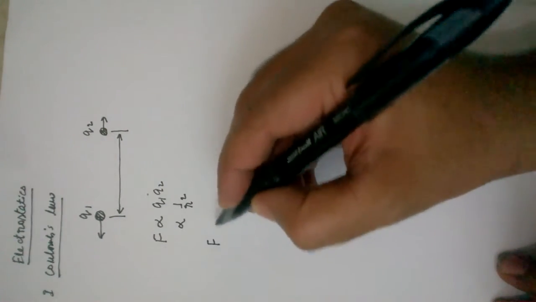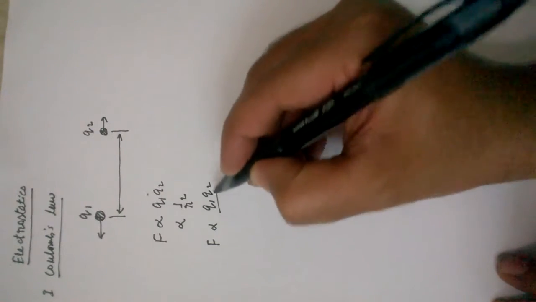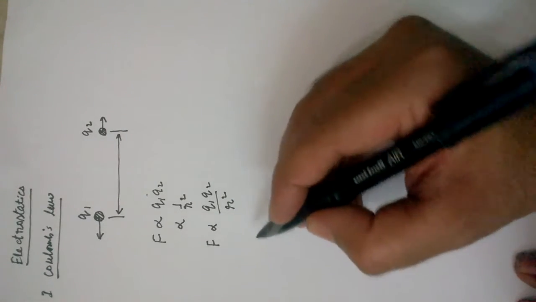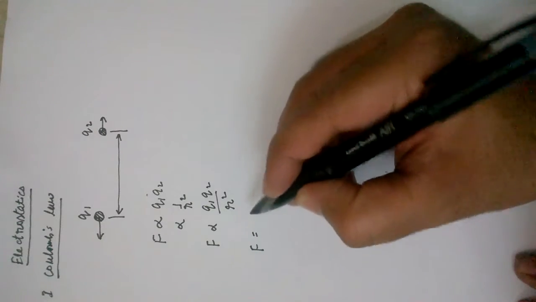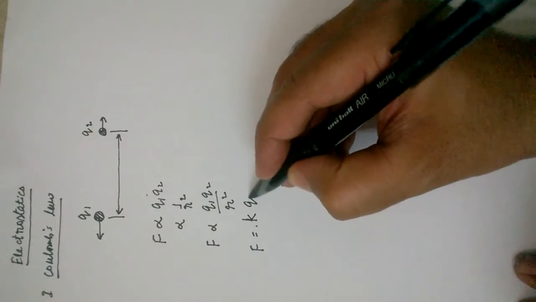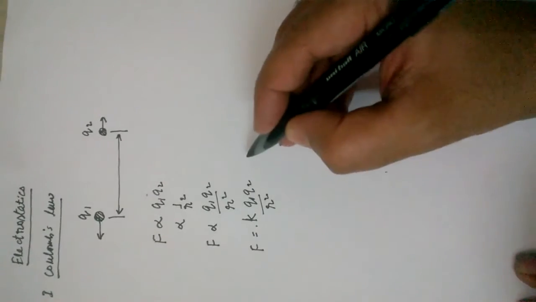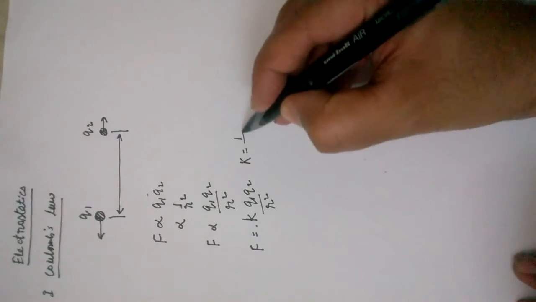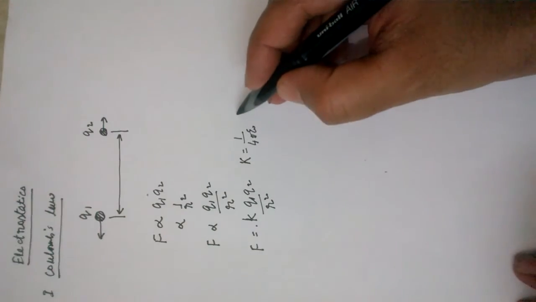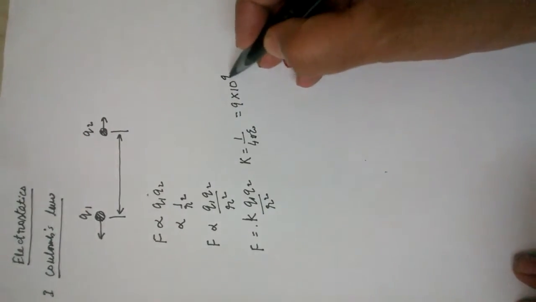Combining this, force is proportional to the product of charges by distance square, and the constant of proportionality is K, where K is equal to 1 by 4 pi epsilon 0 in SI system, which is equal to 9 into 10 raised to the power 9.